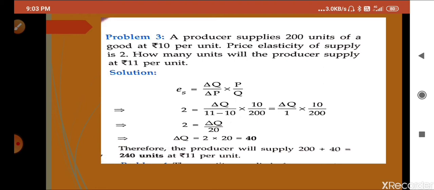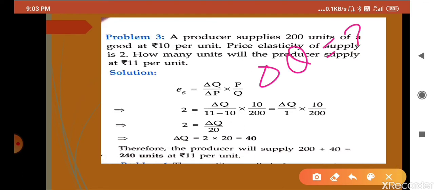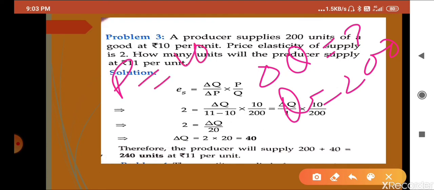So I hope it is clear. One more time I can make you understand. Delta Q we have to identify. Q is given 200 units, P is given 10, P1 is given 11, and what is remaining here?